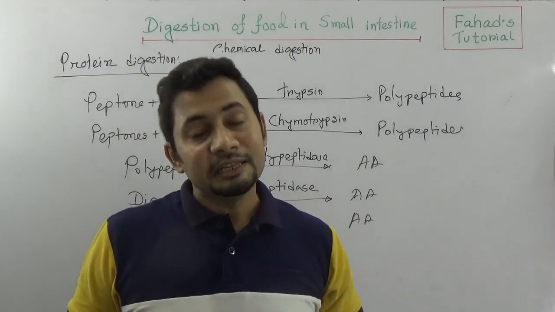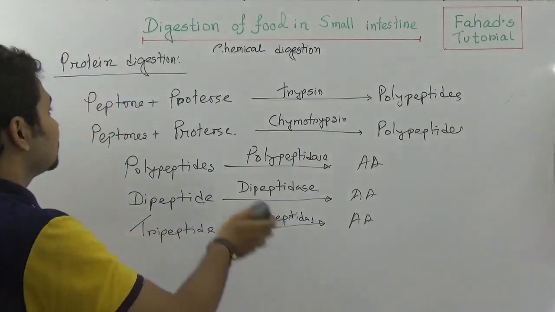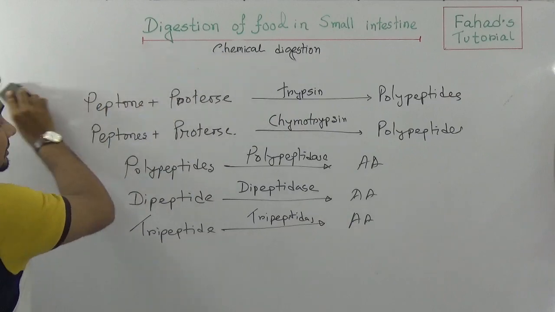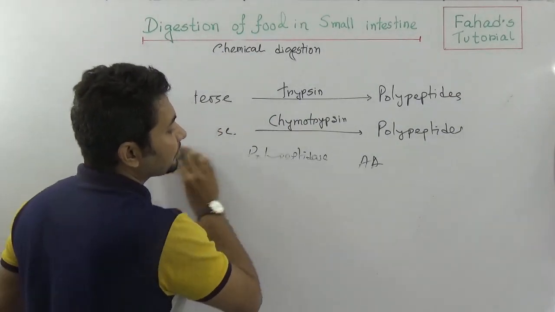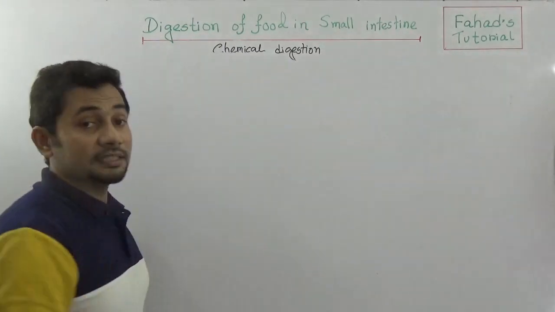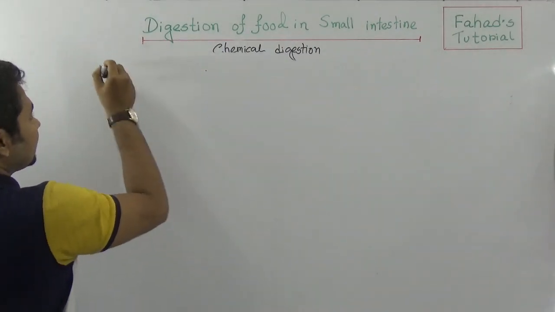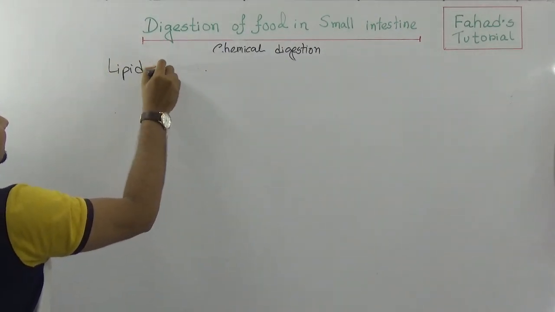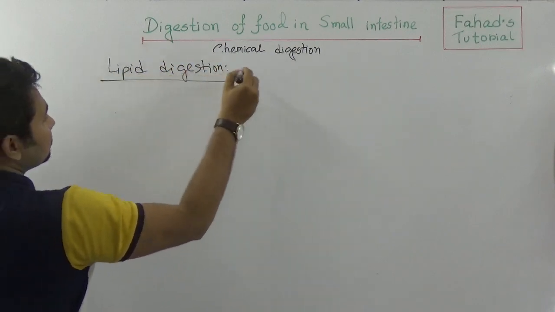And in case of lipid, what's going on? In case of lipid, it totally depends on the bile, because bile salts, which are sodium taurocholate and sodium glycocholate, break down the lipid into smaller particles. So in case of lipid digestion, what's going on?